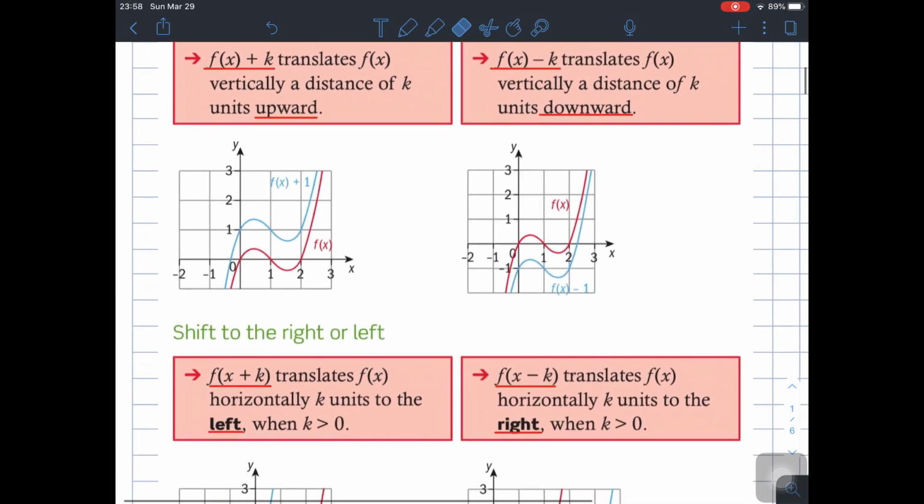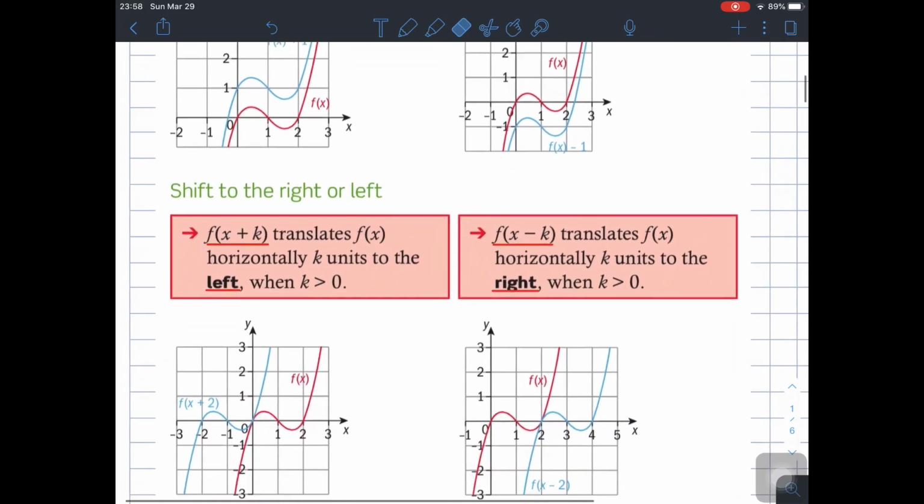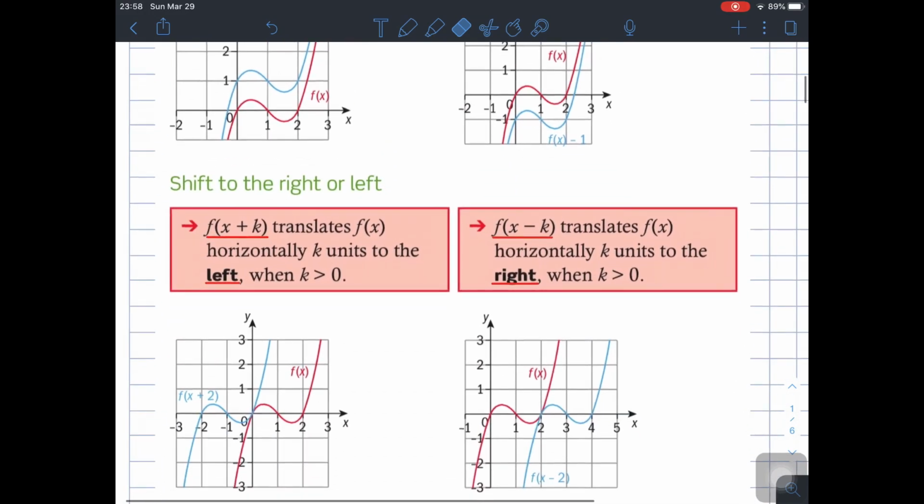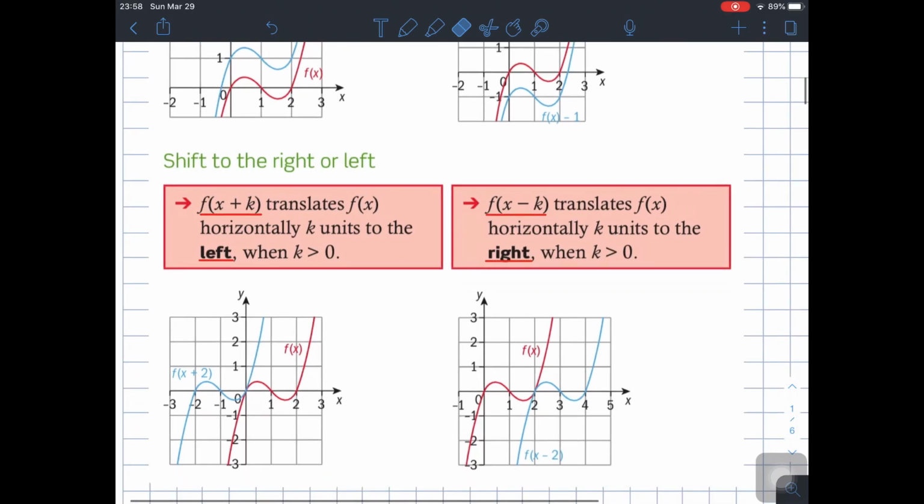Okay, then how do I shift to the right or to the left? It's this case. F of x plus k, it says translates f of x horizontally k units to the left. Pay attention to that. When it's plus k inside the parentheses, we're moving the function to the left.